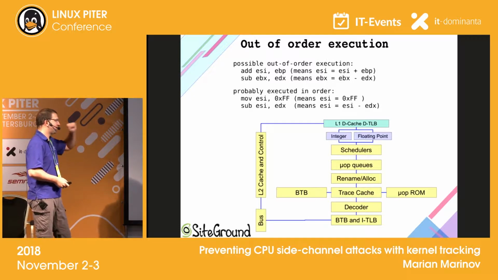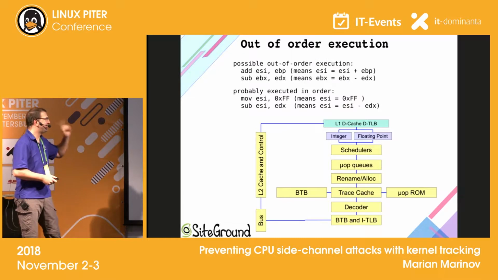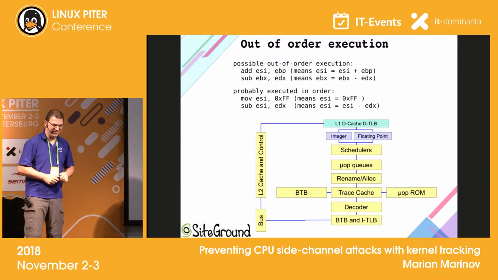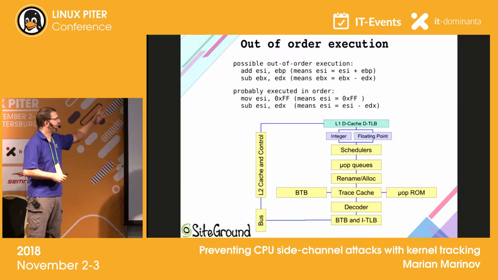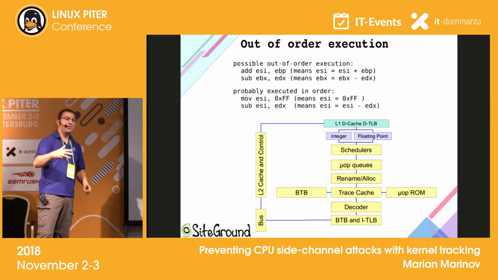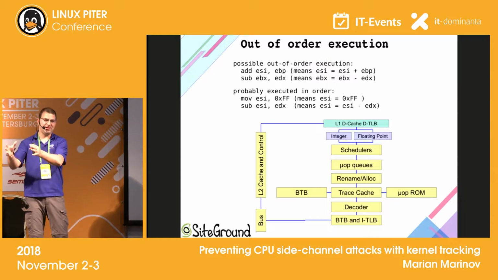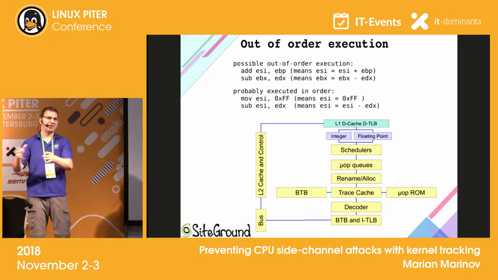In this case, actually, we can speculate that it also can be, sorry, bad example here, can be executed out of order. If you can execute an instruction out of order, this means that, for example, we can get data from memory before the if that is checking if this data is actually needed after that.